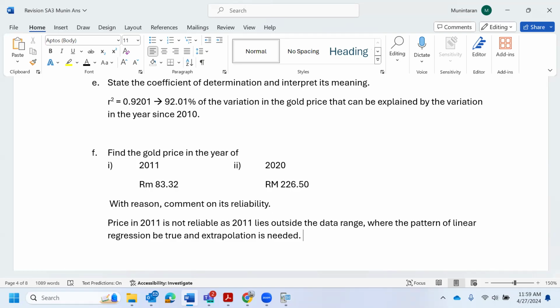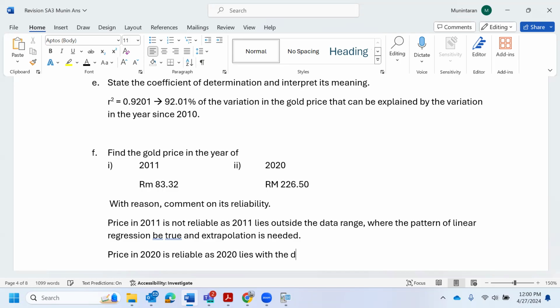And price in 2020 is reliable, as 2020 lies within the data range.